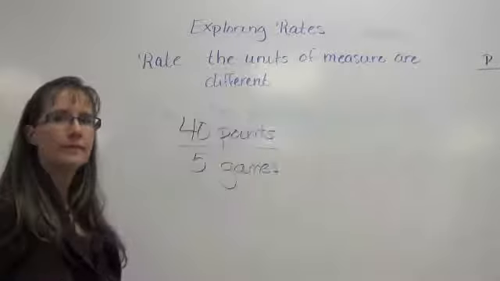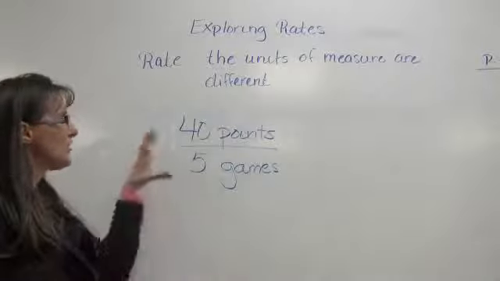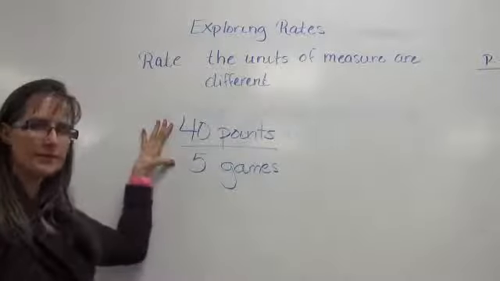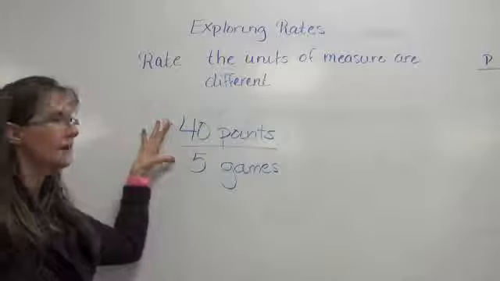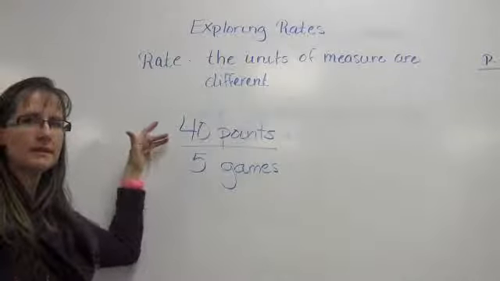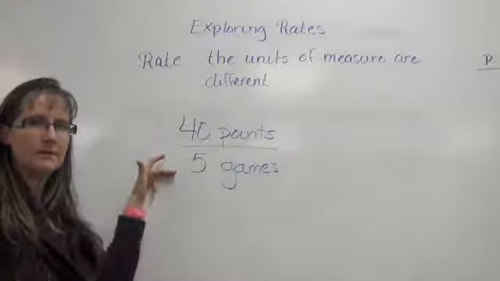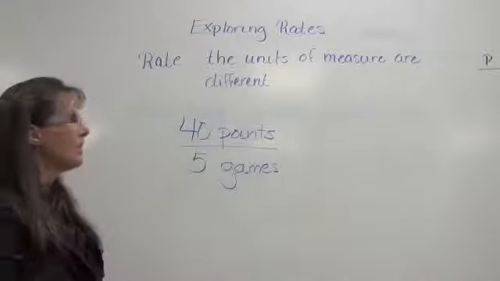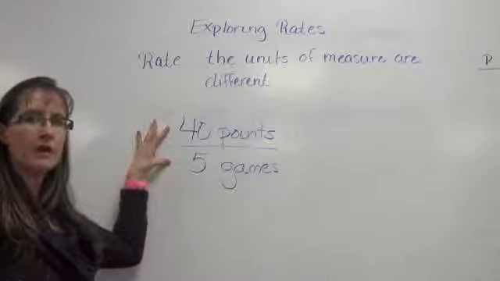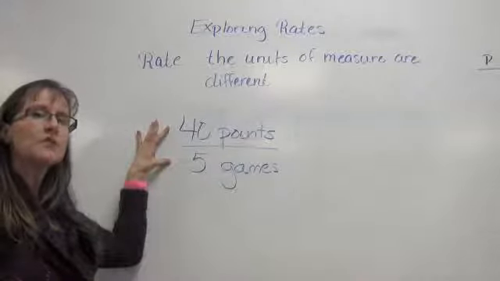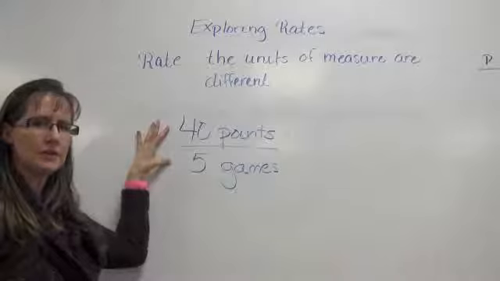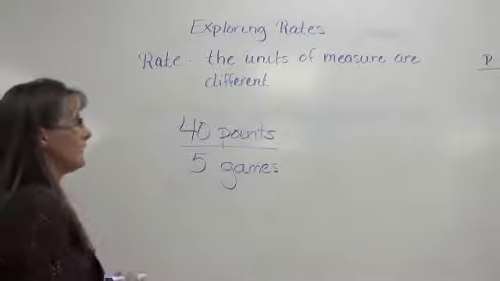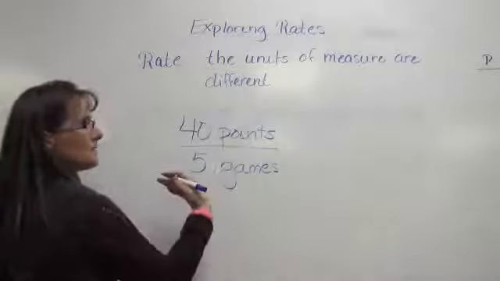Unit rates. So how can I go about changing a rate to a unit rate? Here I have 40 points in 5 games. I want to know how much he scored in 1 game. Remember that all fractions are division problems, so I can divide to turn this into a unit rate. We read left to right, top to bottom.